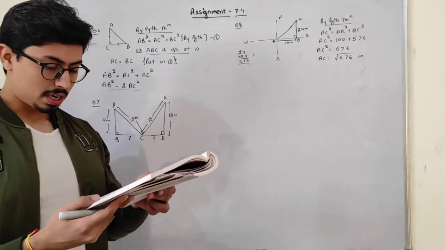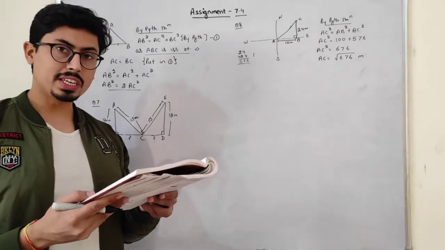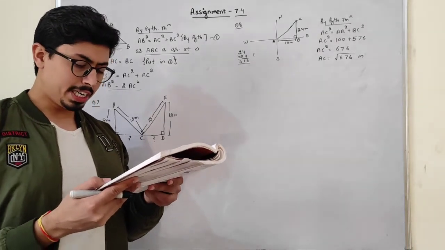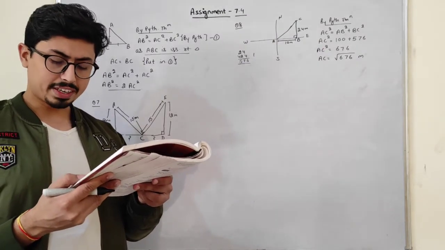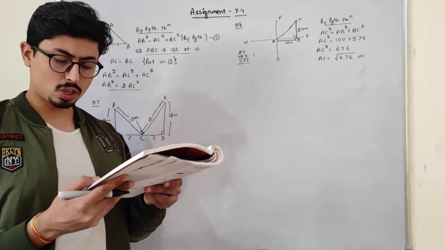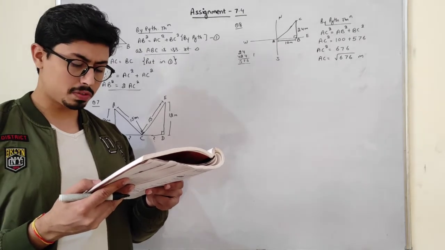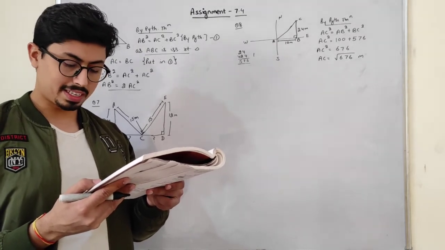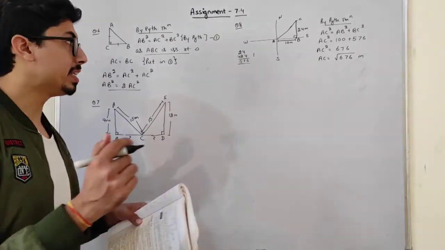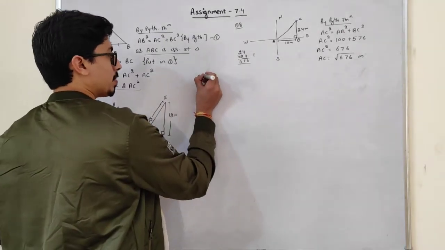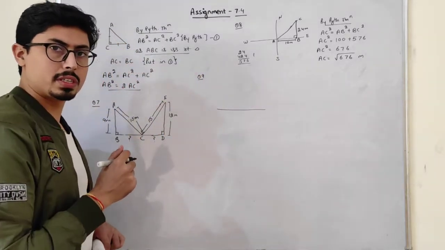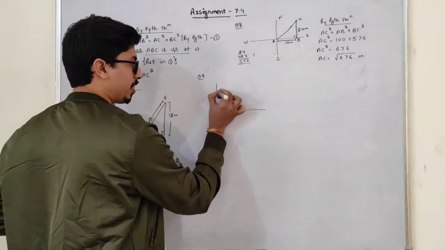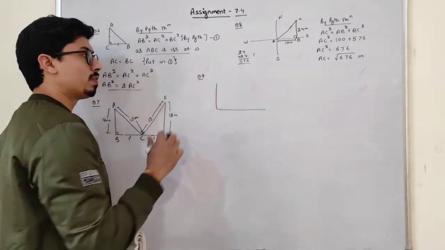Okay. Now students, see in question number 9, a tree broke at a point but did not separate. It touched the ground at a distance of 6 decimeter from its base. See, this is the ground level, students.